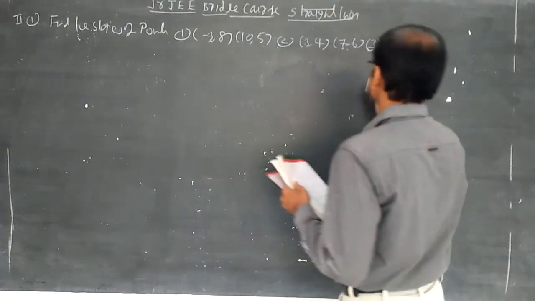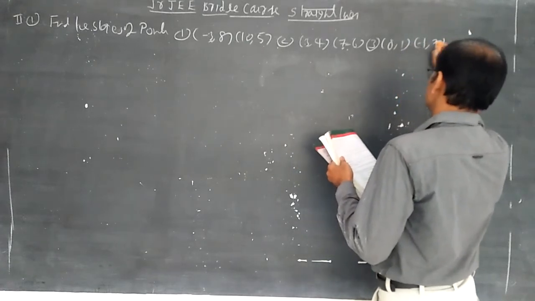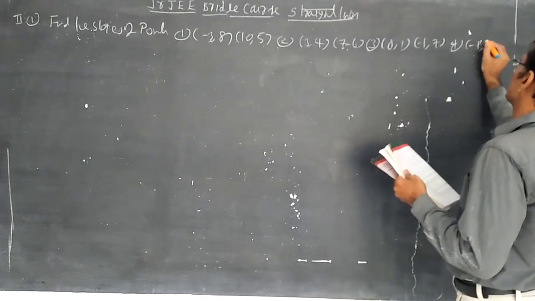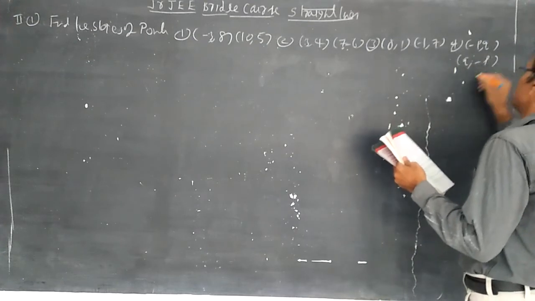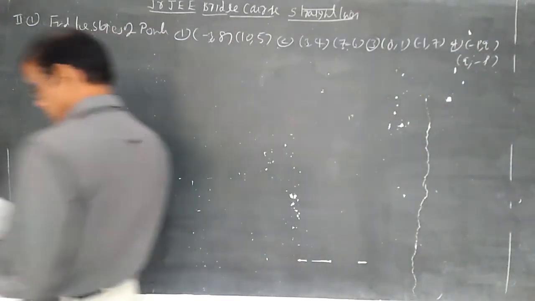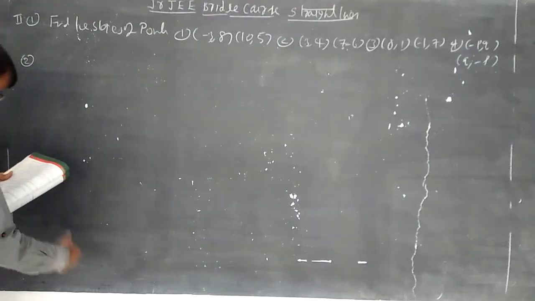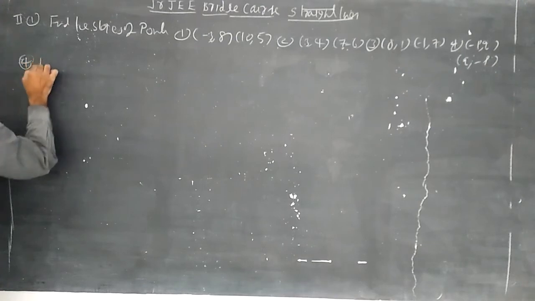Third one, (8, 1), (minus 1, 7). Fourth one, (minus 3, q), (q, minus q). Next, I am giving work.